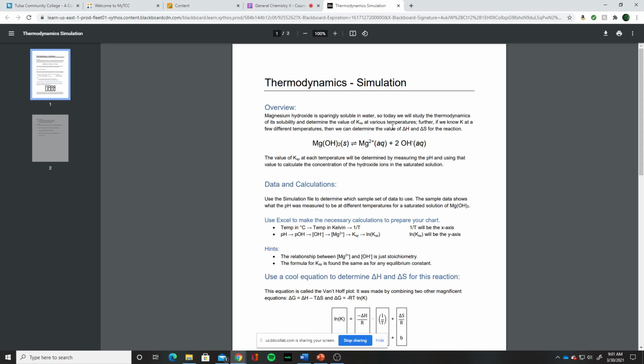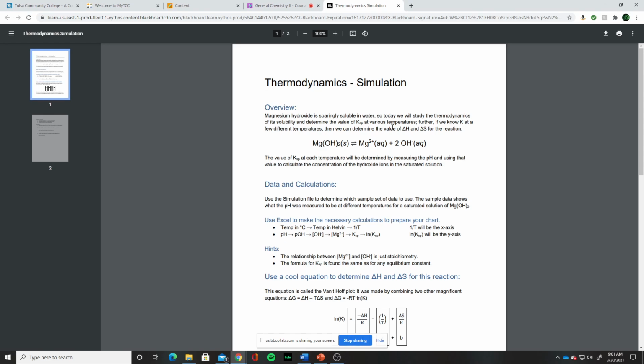The value of KSP at each temperature will be determined by measuring the pH and using that value to calculate the concentration of the hydroxide ions in the saturated solution. Now, for our purposes, we will not be actually measuring something, unfortunately. If we were in the lab, we could have something like this set up, have it very highly controlled in terms of its temperature, and measure the pH at those different temperatures.